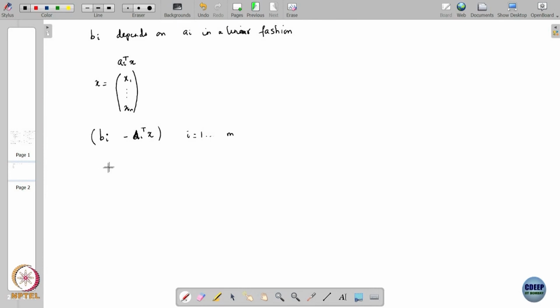A popular way of doing this is to simply write it like this. Let us write A as this matrix, which puts together all the observed features of the m data points.